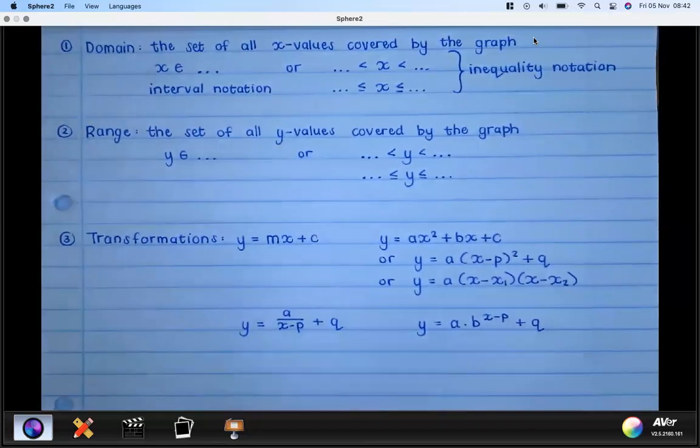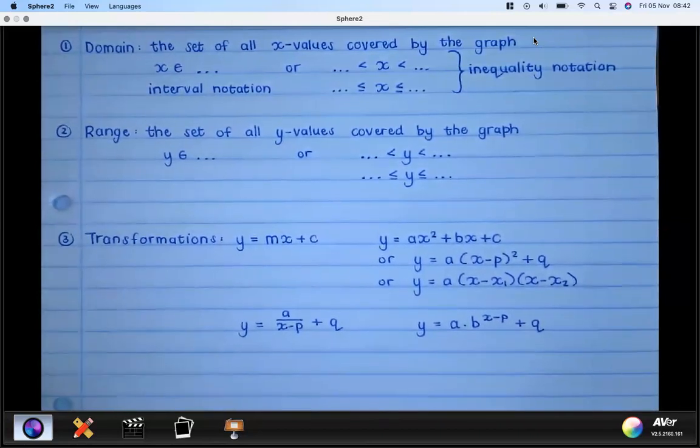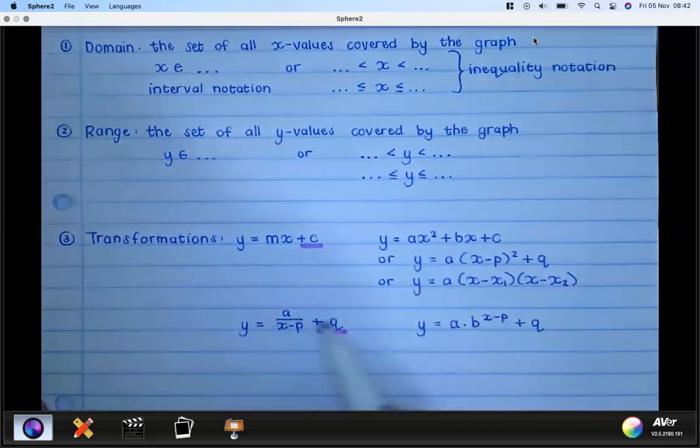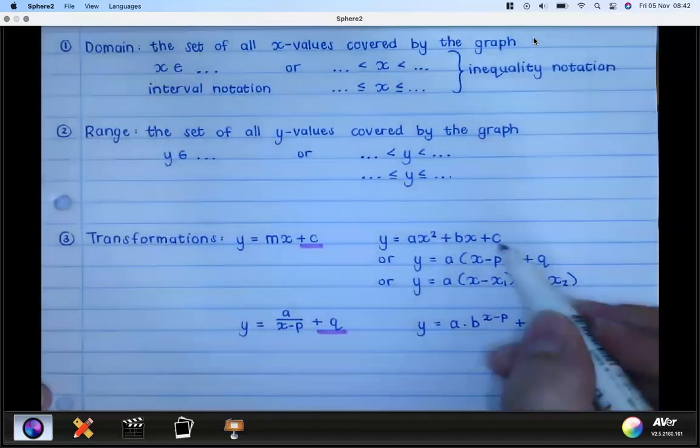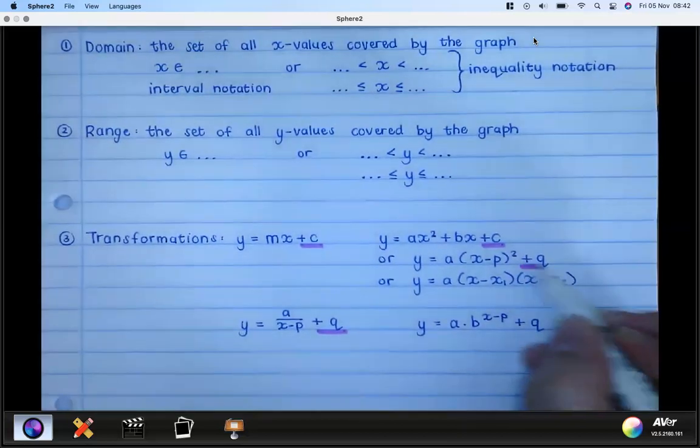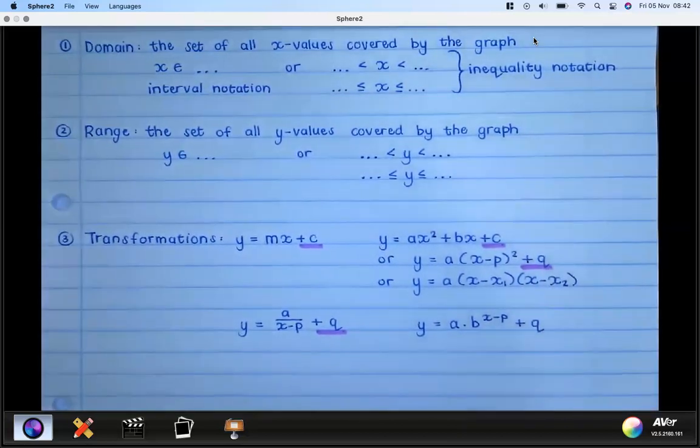Right, now in all of these equations, I want you guys to notice the last term. The plus c here, that's the y-intercept. Plus q gives you your horizontal asymptote. Plus c is also the y-intercept. The plus q here is the y value of your turning point.